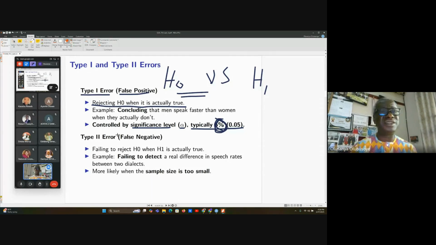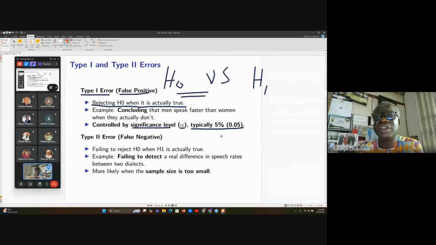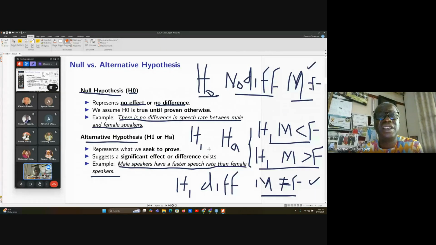Yes, Eddie Dion, are you still raising up your hand? Yes. Great. I'm confused about the type 1 error. Okay. Yes, it's not really clear. Okay, let's go back to the hypothesis that we stated here.